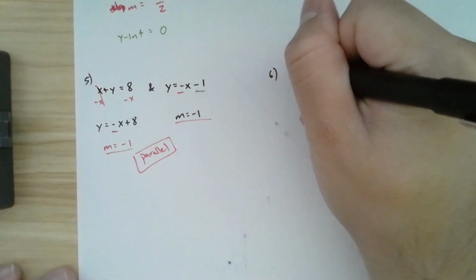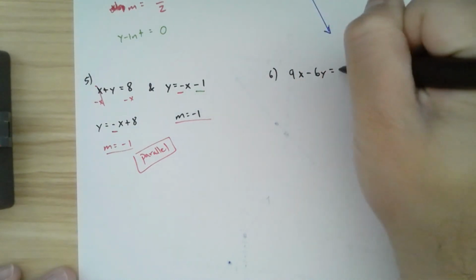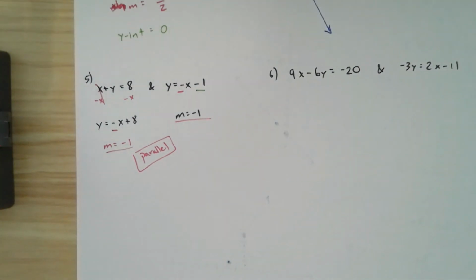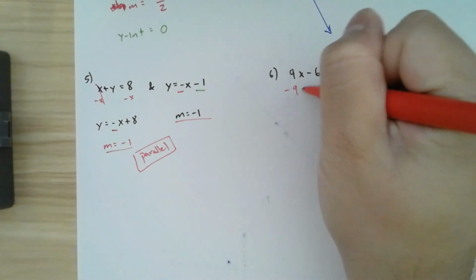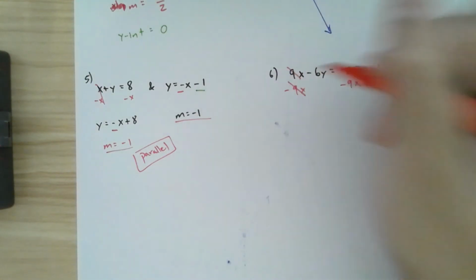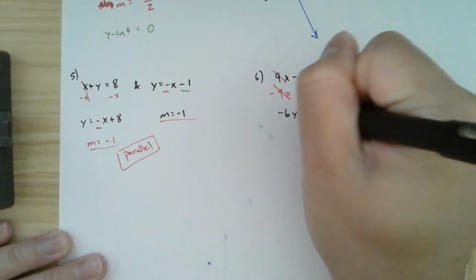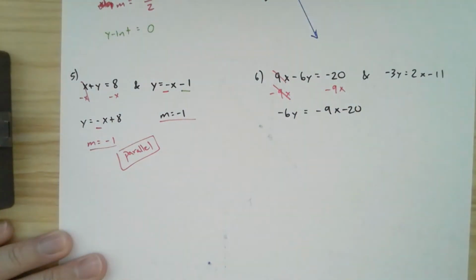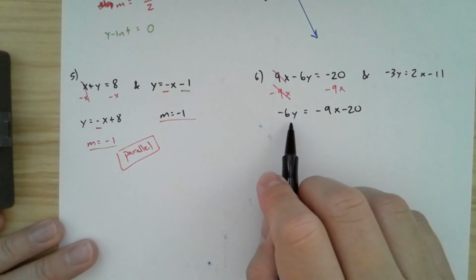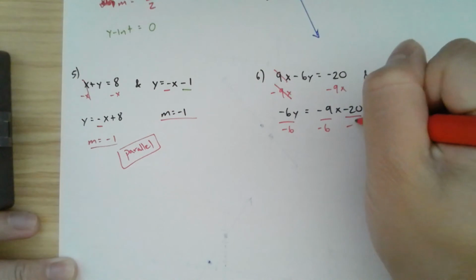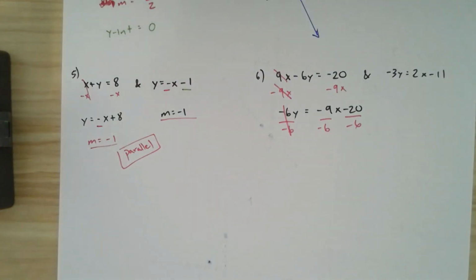Let's do this one. Gotta get both of these into slope-intercept form. First thing I'll do is subtract 9x here. So then I'll have -6y is equal to -9x minus 20. Then I've got to divide everything by -6, and simplify this.